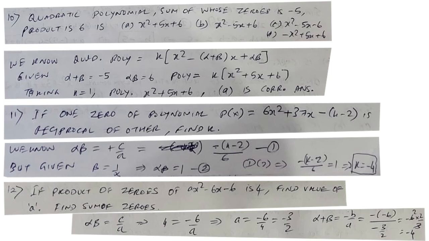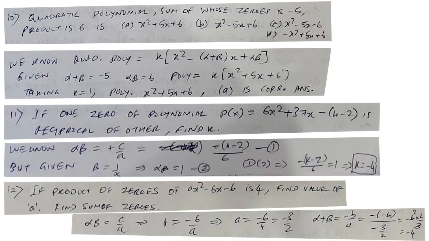So alpha beta is equal to c by a, which is 4. Product is 4. And what is c in our case? Minus 6. What is a in our case? A itself. Correct? So 4 is equal to minus 6 by a, which means cross multiplying, you will get a is equal to minus 6 by 4, that is equal to minus 3 by 2.